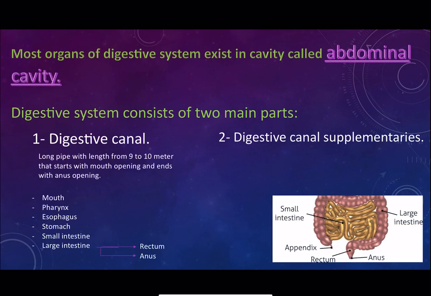As you see in this picture, this is the large intestine, and there are two parts attached to the end of the large intestine, which are called rectum and anus. Okay? The organs of the digestive canal supplementaries are salivary glands, liver, pancreas. Okay?